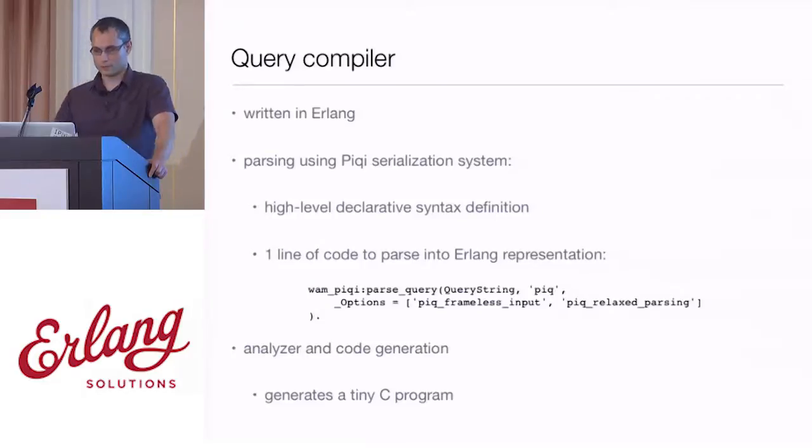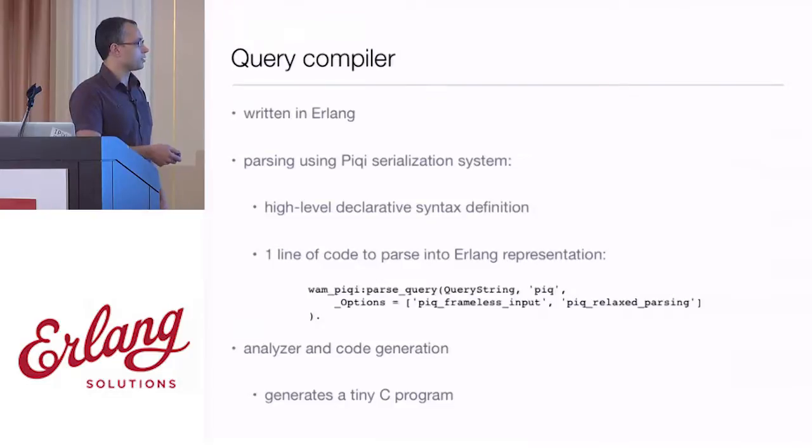The query compiler is written in Erlang. So the whole parsing, in order to parse that language, we use a tool called Piki. It allows us to describe the query language syntax in a high-level declarative way.